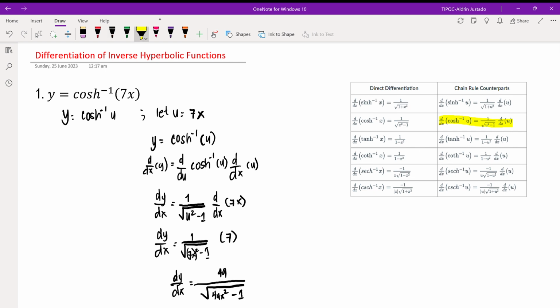This is your final answer. Ay, sorry. Na-overlook ko. This is not 49. This is 7. Okay.